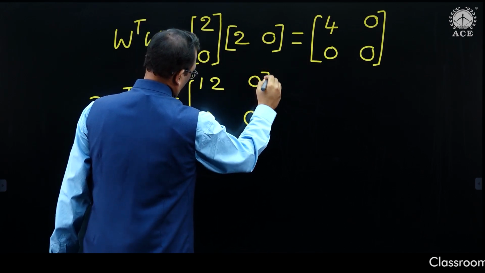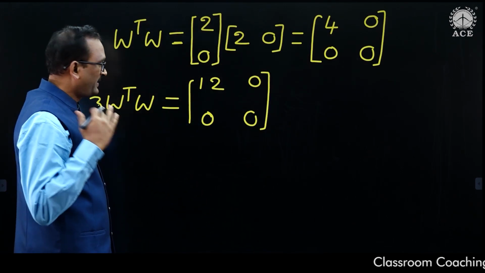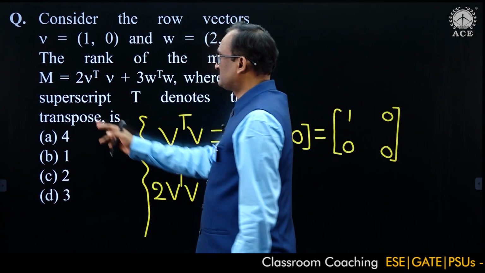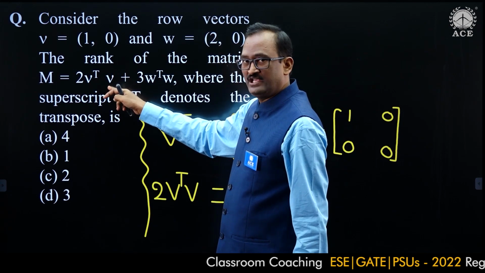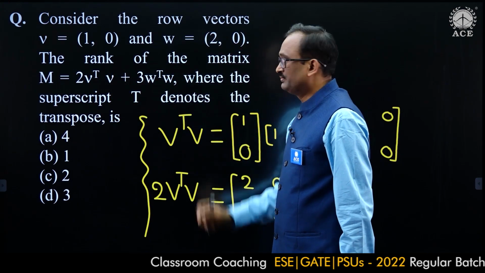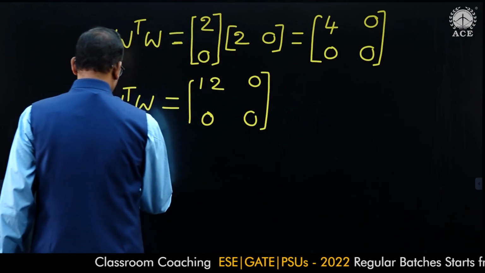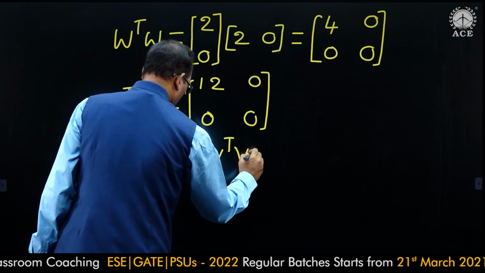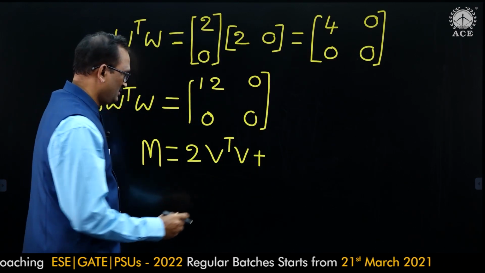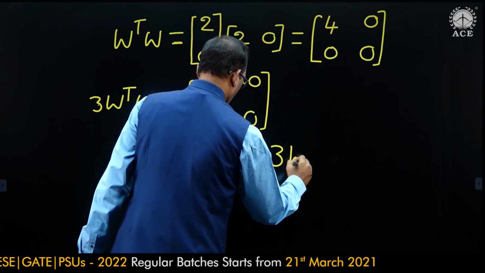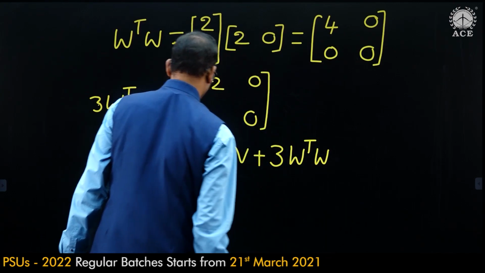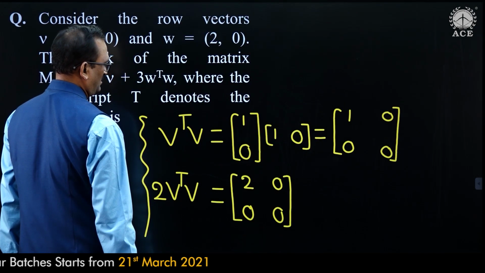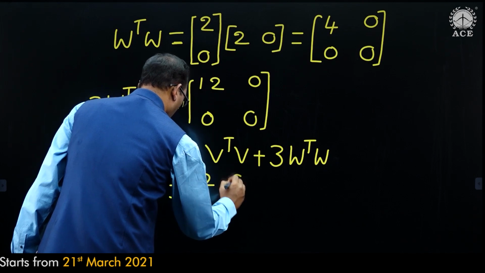Now we were asked to find the rank of the matrix M is equal to 2 V transpose V plus 3 W transpose W. That is equal to, what is the first matrix? 2, 0, 0.